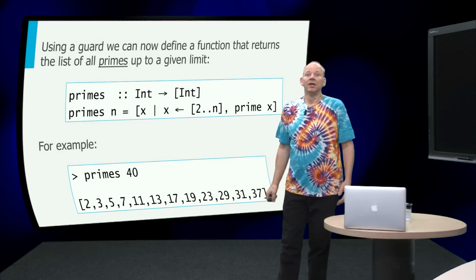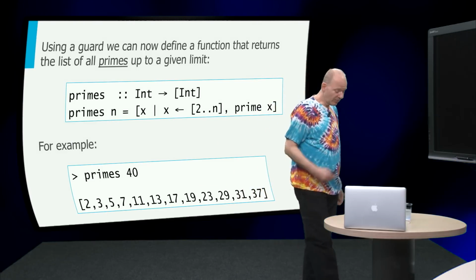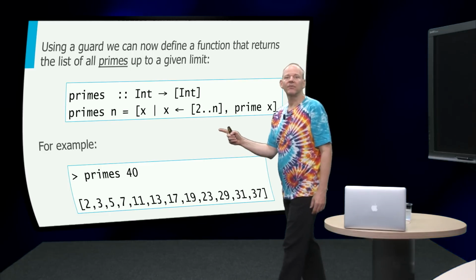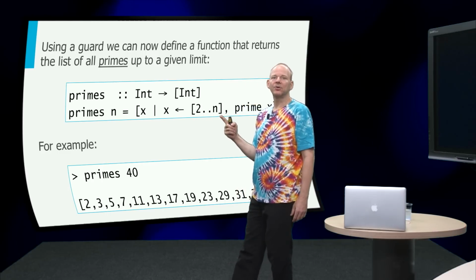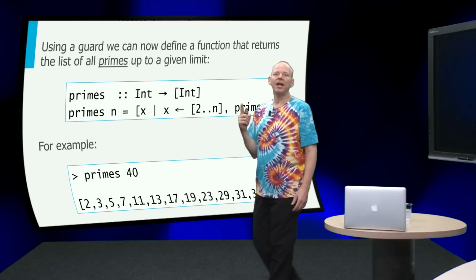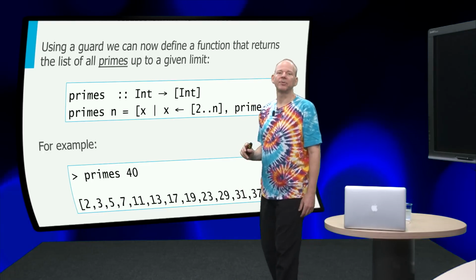Okay, so if we want to now check what the primes are up to a certain number, we can write this simple list comprehension. We say, give me all the numbers between 2 and n, where n is the parameter to this function. And then I only want to maintain the prime numbers, so I filter out all the numbers that are not prime.